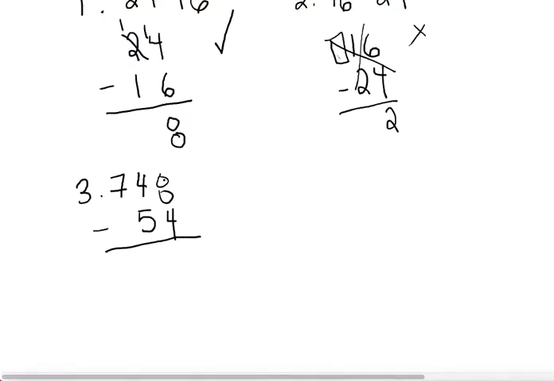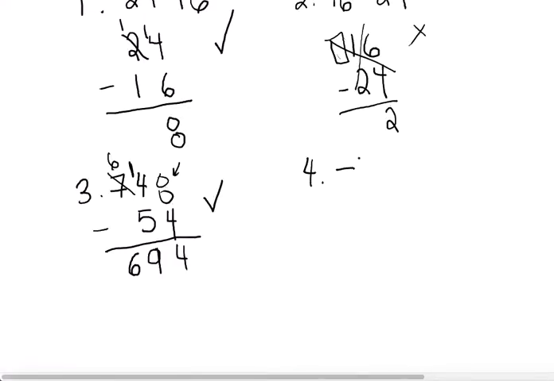So I go from the ones side, 8 take away 4, works. 4 take away 5, I have to borrow, leaving 6 hundreds here. 14 take away 5, 9. So I have 694. So our column method works here.